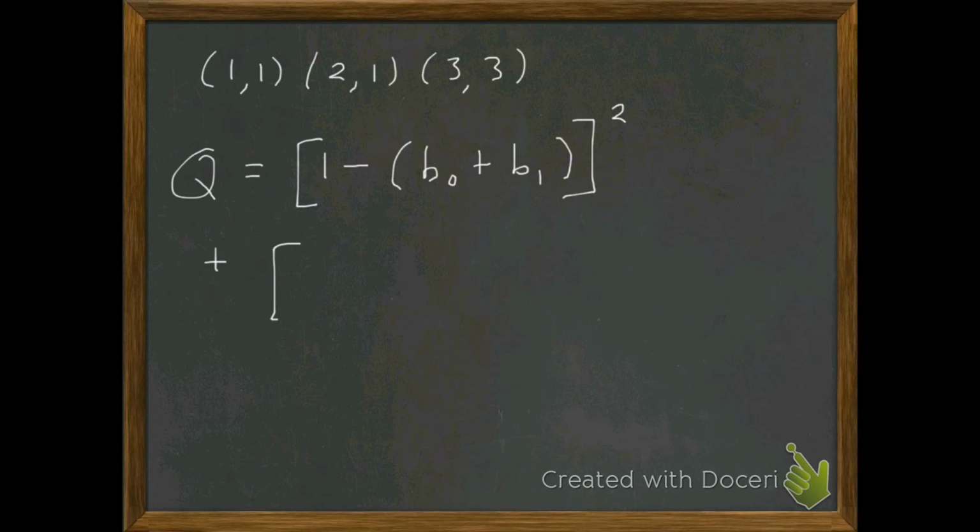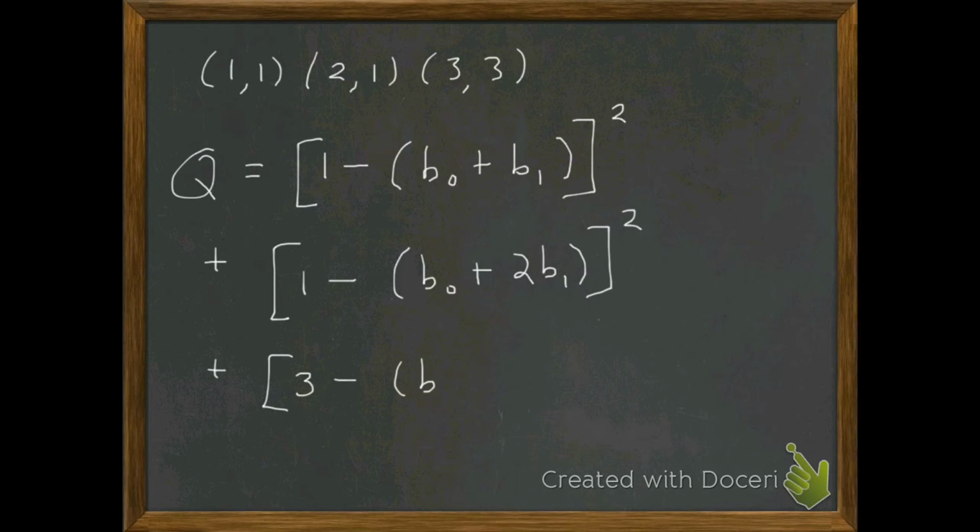Our second term, we get our y value, 1 minus beta 0 plus 2 beta 1, or 2b1. And our third term, we get our y value minus our predicted value.